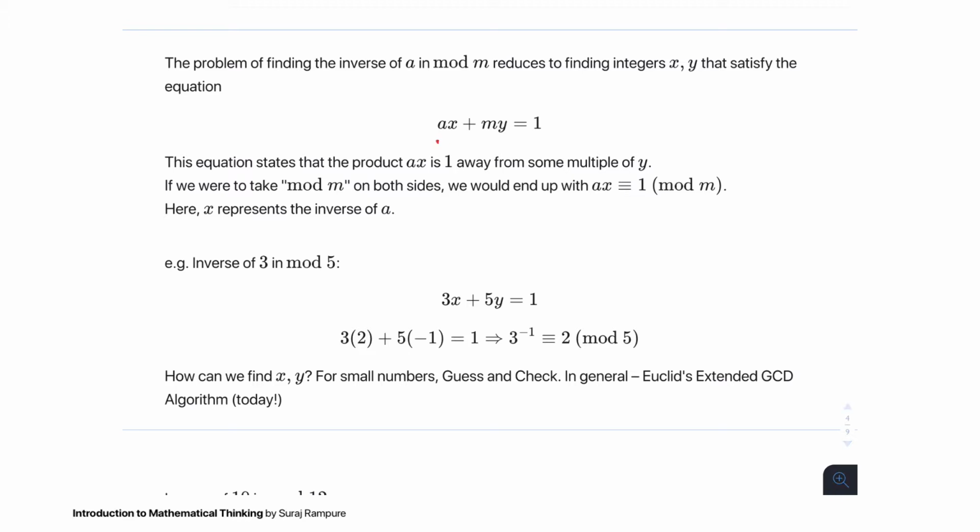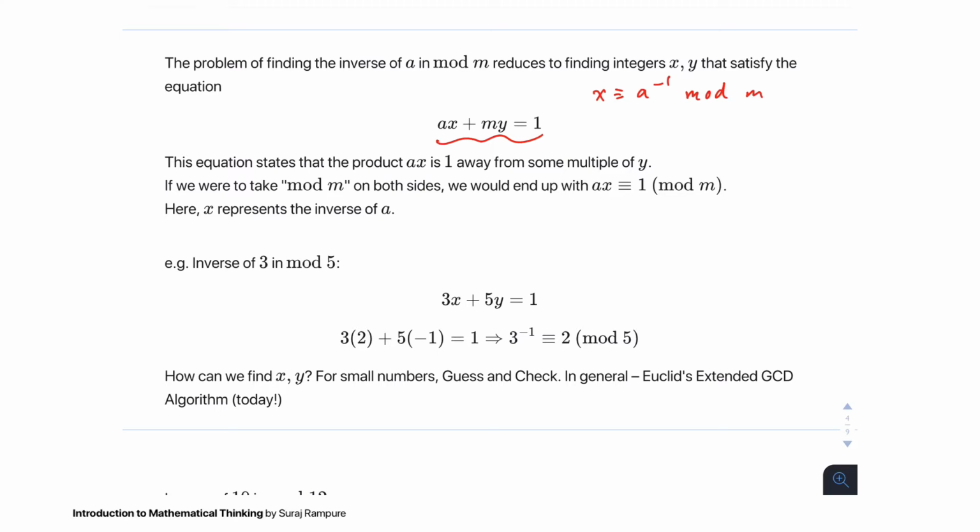Here, x is the inverse of a in modulo m. So if we're able to find integers x and y that satisfy this equation, we know that x is the inverse of a in modulo m.